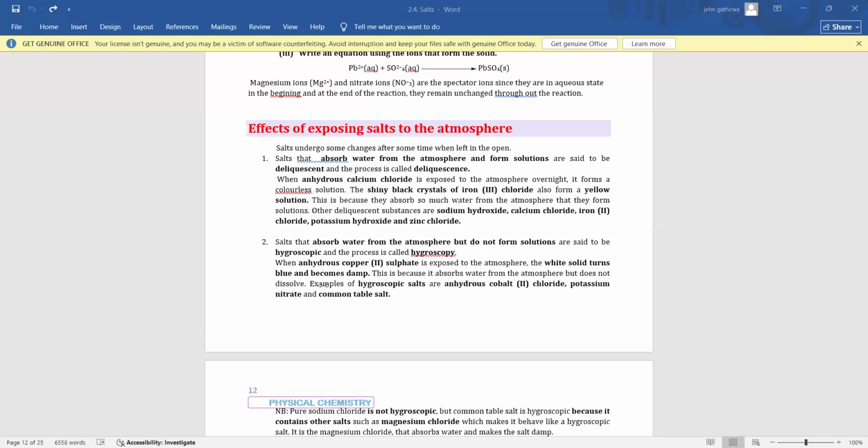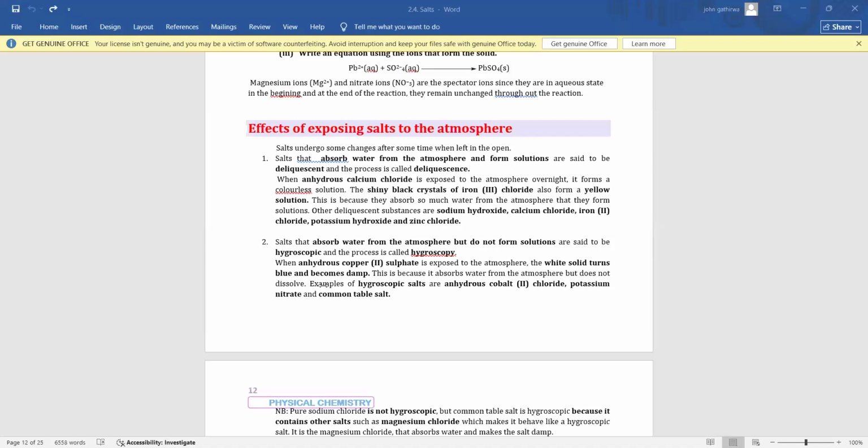Okay, so this is what we say. Add a small piece of sodium metal to water to obtain sodium hydroxide solution.